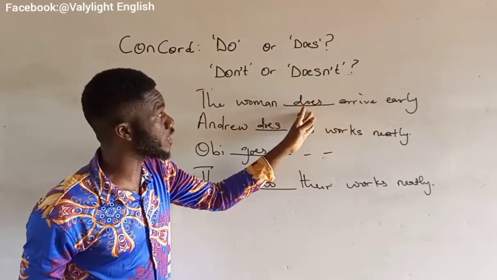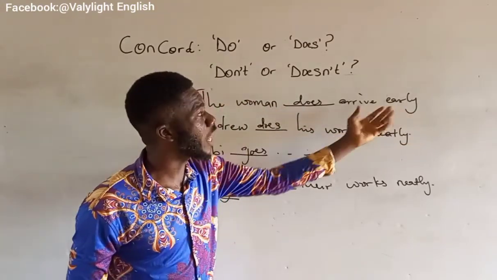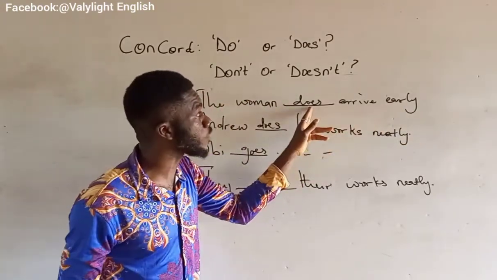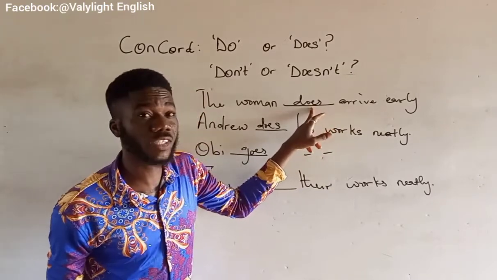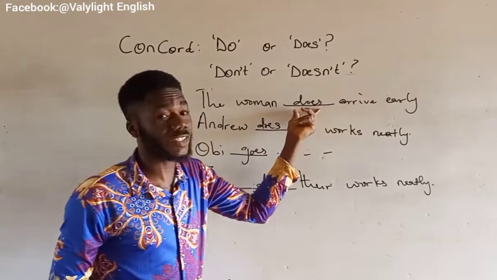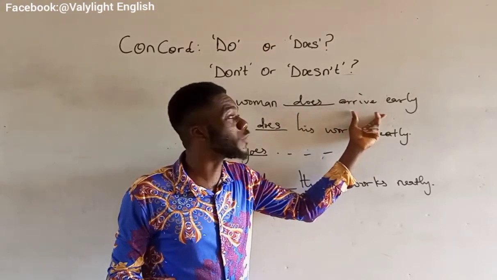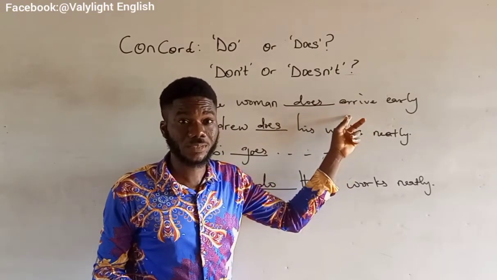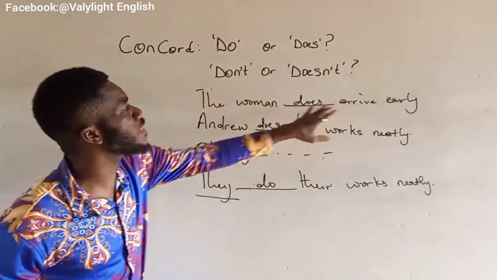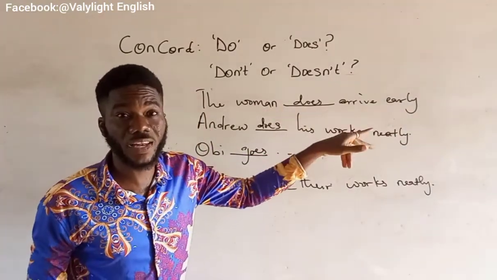Because if you remove this, it is supposed to be the woman arrives early. But now you have arrive. The reason is that you already have an auxiliary verb here playing that role, obeying that concord. Therefore, since there is an auxiliary verb, whatever comes here should take the normal shape without the s. That is the reason. The woman does arrive early, and not the woman do arrive early.